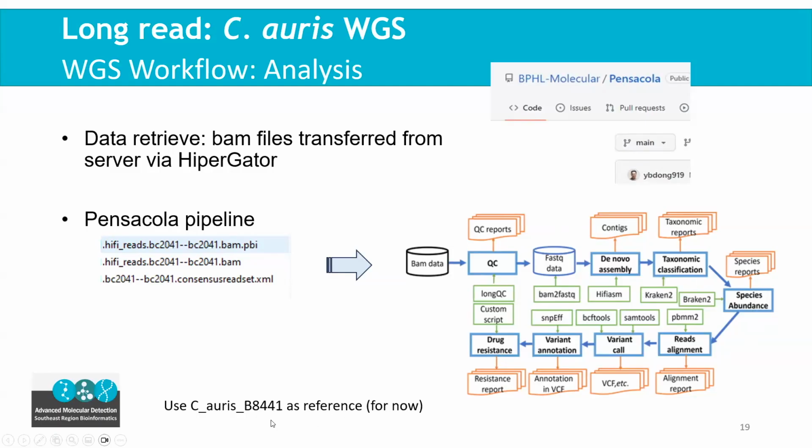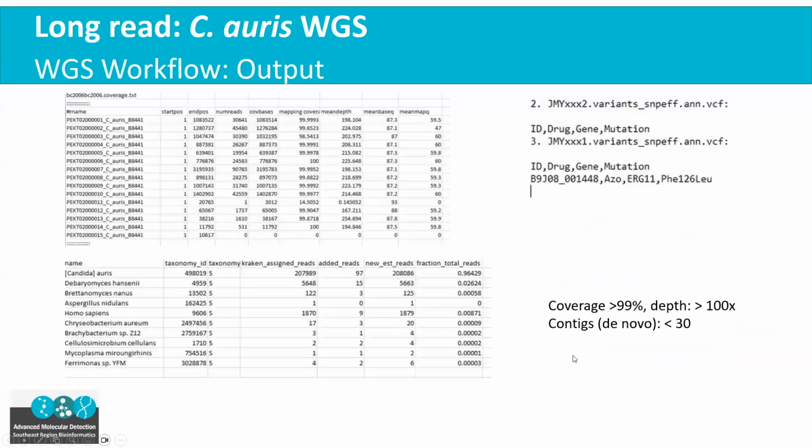And for now, we're using the original genome B8441, but I know CDC has the new assembly with better quality, so we plan to change the reference genome as well. And here is an output example showing coverage and depth calculated for 7 chromosomes of Candida auris with taxonomy identification.